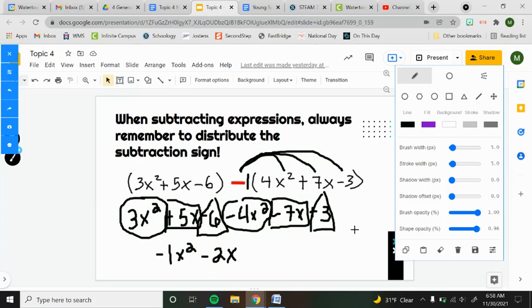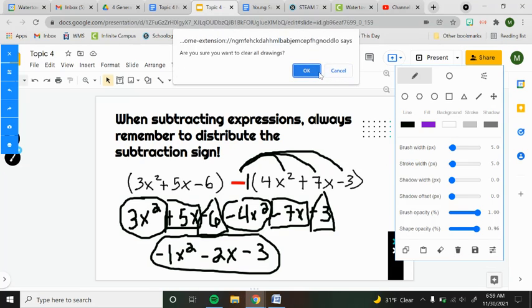And then -6 plus 3 would be -3. So the simplified expression after subtracting would be -1x squared minus 2x minus 3. Make sure you have all of these steps written down, not just the answer, so you can go back and look at it as needed.